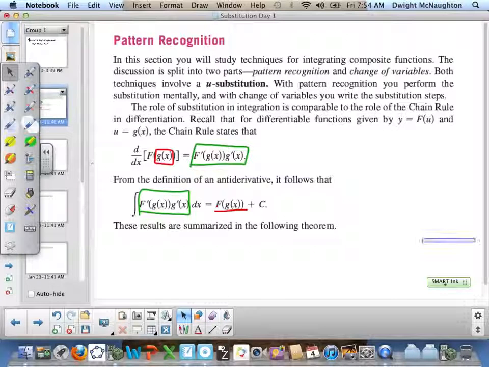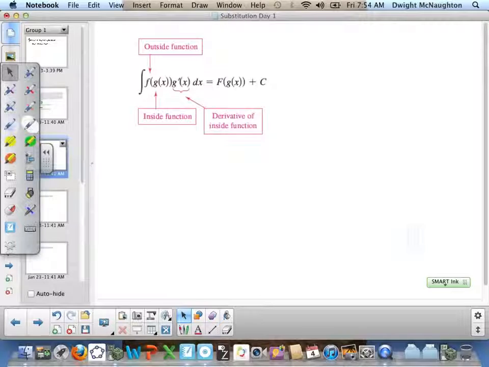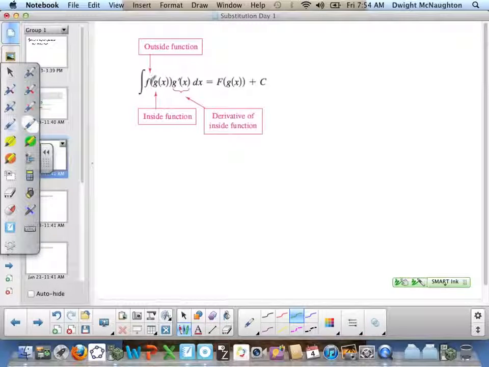Now for substitution, what's key is we need to recognize that there is a function inside of a function. Now the function that's outside may just be x to the 1. But the other thing we need to recognize is that right next to it, there's the derivative of our inside function.